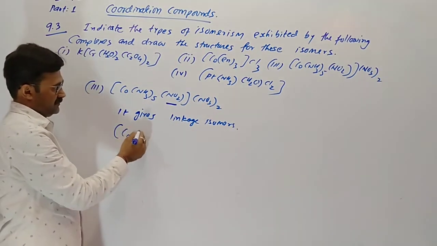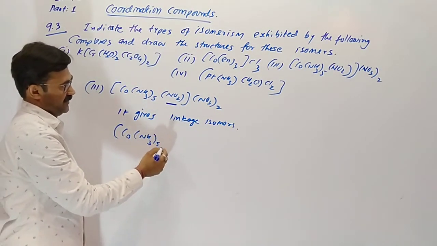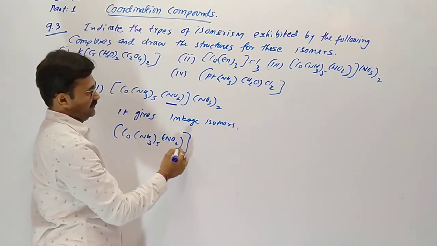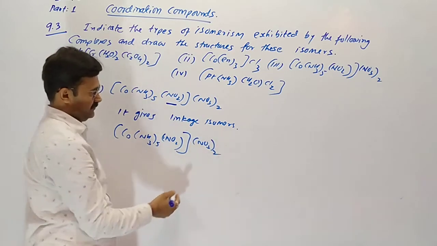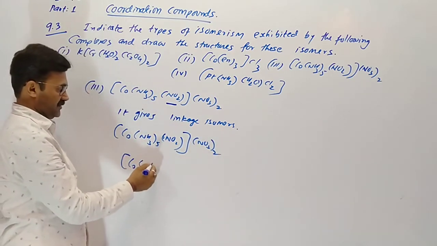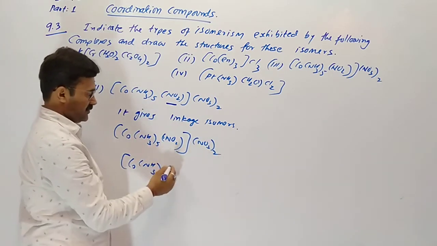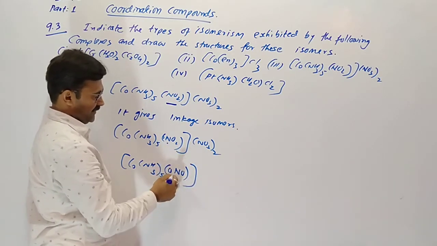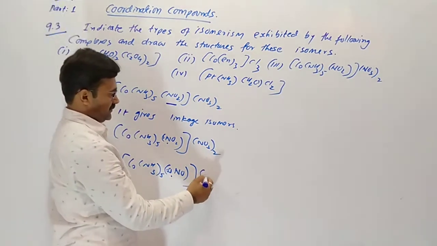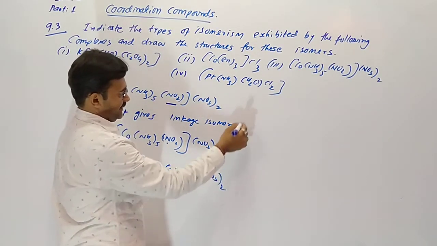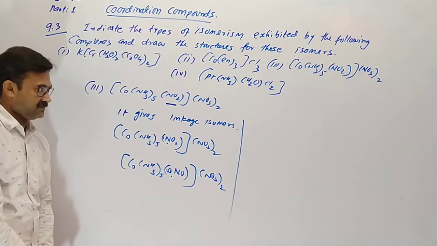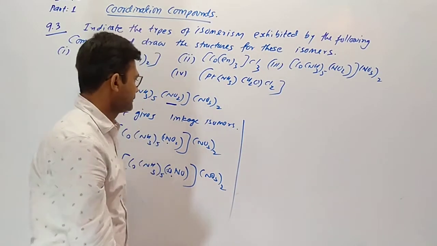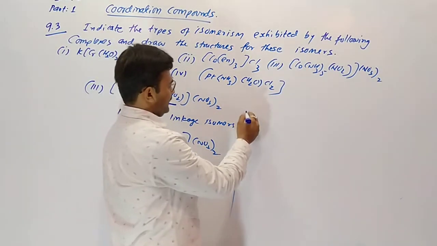How? Suppose nitrogen is donating its electron pair to the metal, and sometimes oxygen gives, nitrito-N, nitrito-O, so it gives linkage isomers, and also ionic isomers.